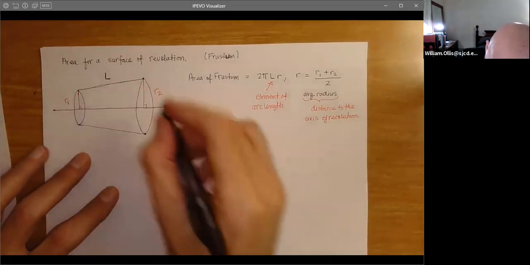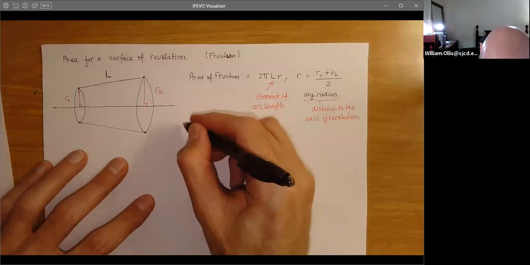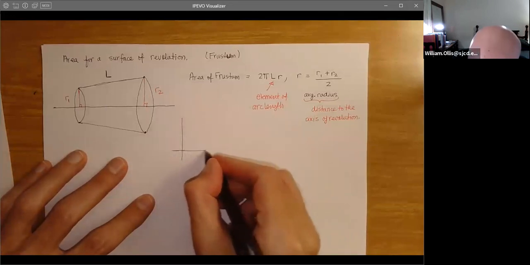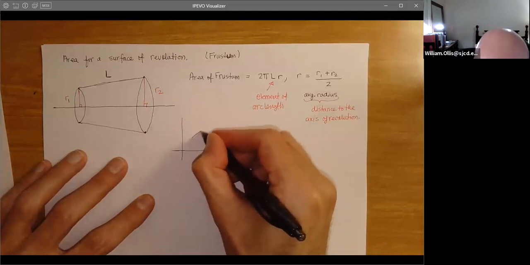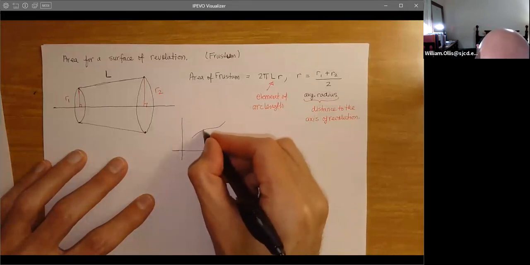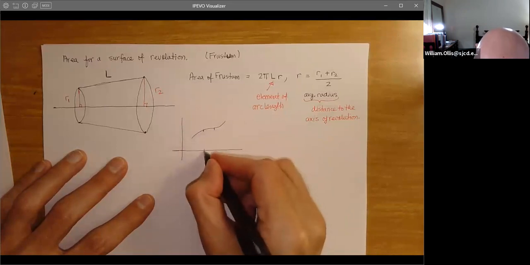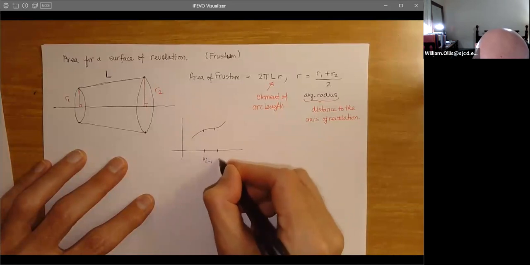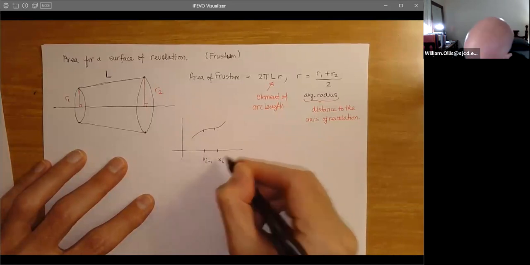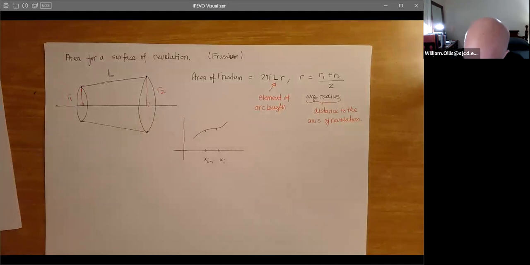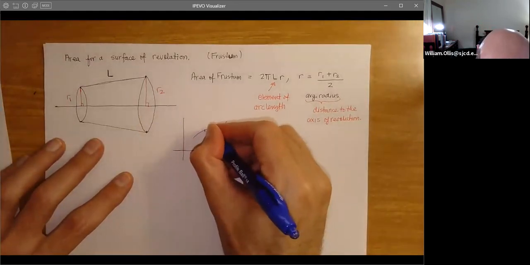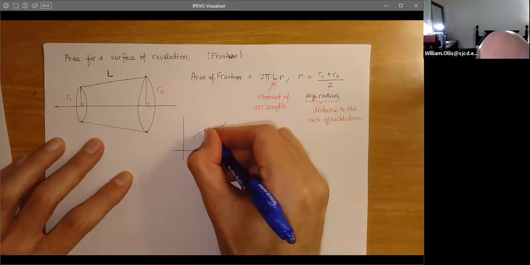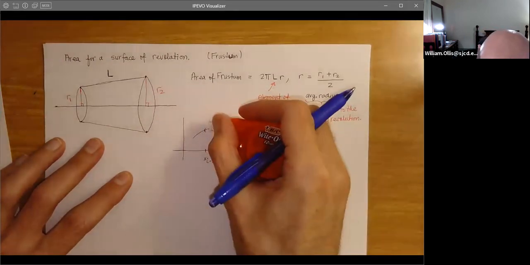Now if you think of a curve, say something like this, where we break it up, x sub i minus 1, x sub i, you'll think about an element of arc length here.